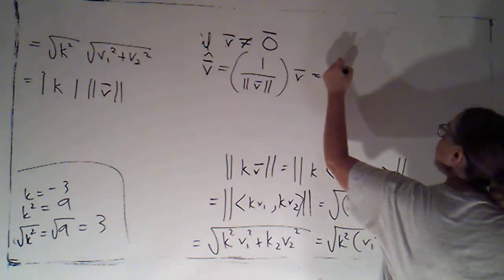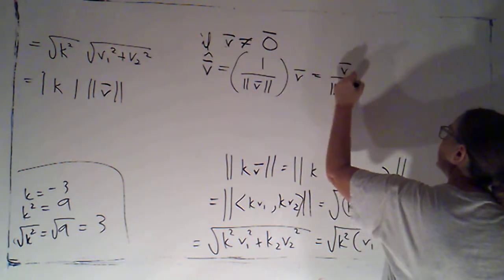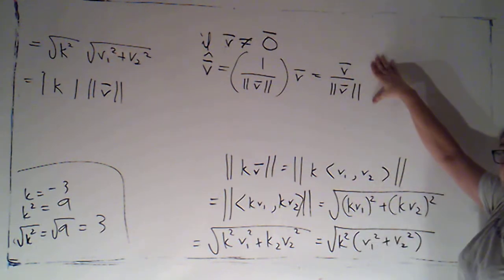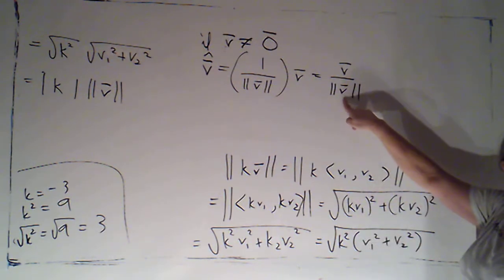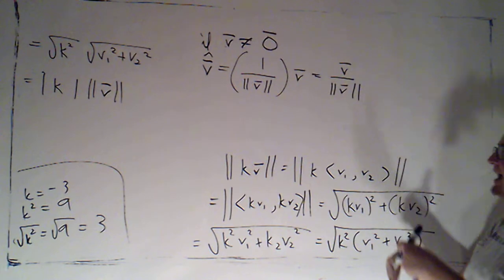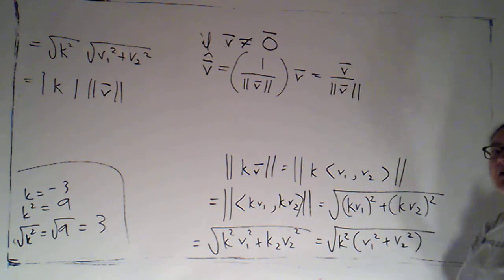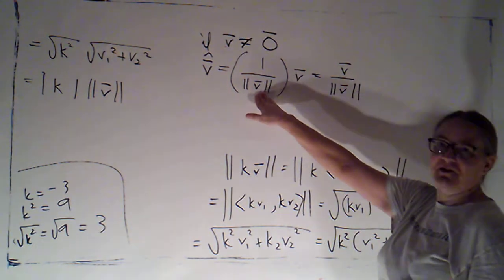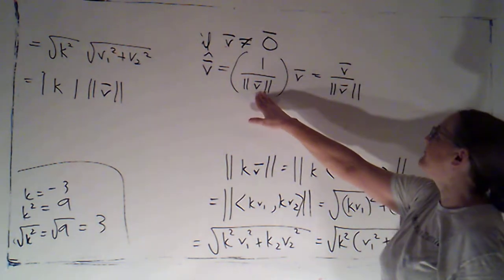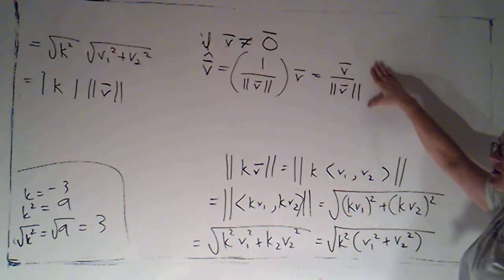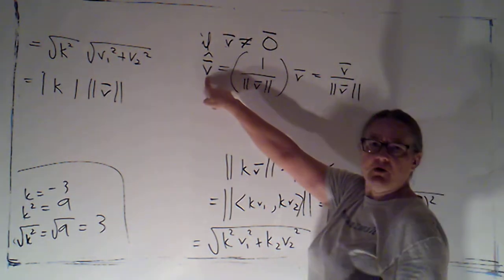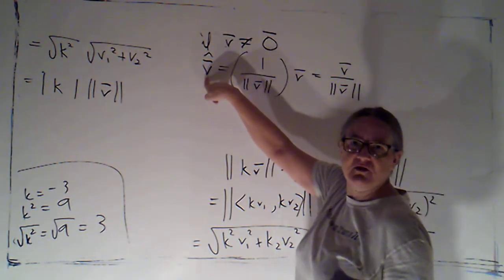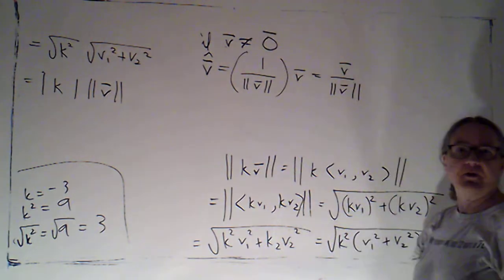You'll often see that written like so. This is just scalar multiplication. We're dividing by the magnitude of v, but that's doing scalar multiplication. That's scaling by the reciprocal of the magnitude of v. The book is going to use this notation. This is a little bit shorter to write, so you're certainly welcome to use it. You can write it this way if you prefer. It's up to you.